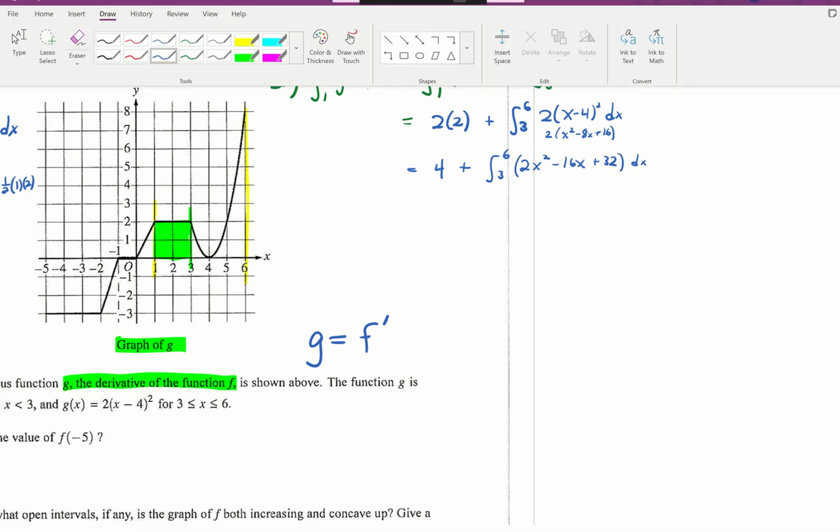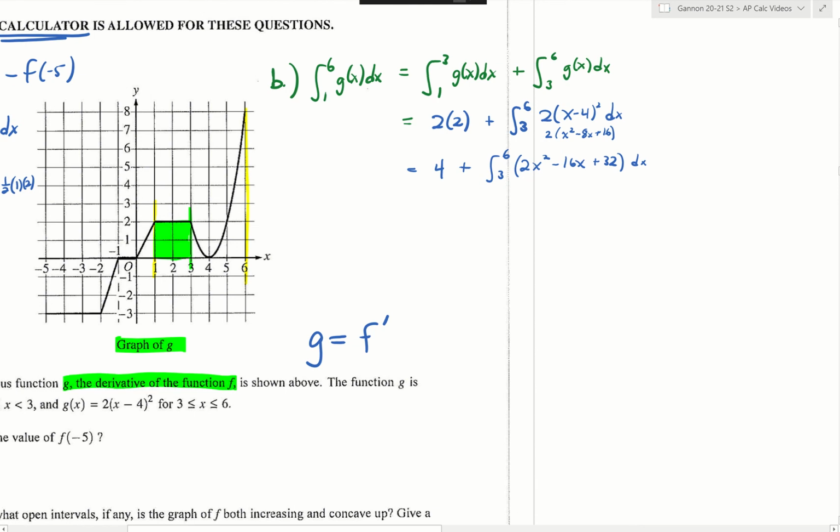That's then going to allow us to take the integral of that function. So this is going to be 4 plus, all right, this becomes 2/3 x cubed minus 8x squared plus 32x, and we need to evaluate that from 3 to 6.